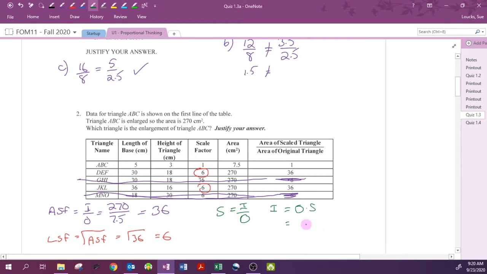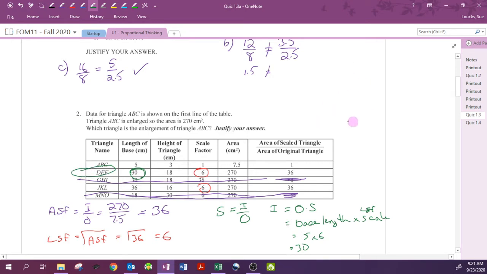So the original base length times the scale, that would be linear scale factor, would be 5 times 6 is 30. So it has to be, that's the only one that works. So the answer is DEF.